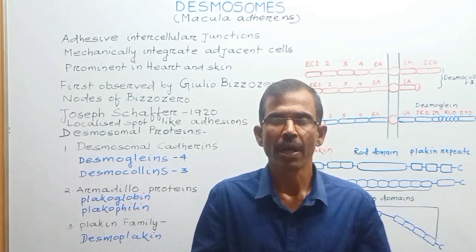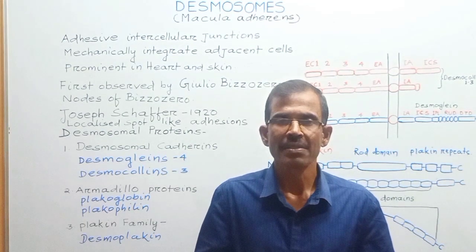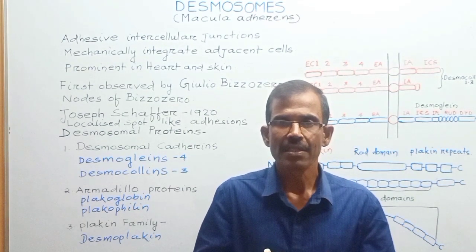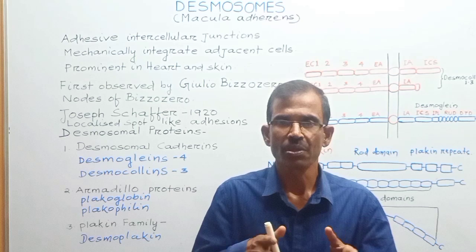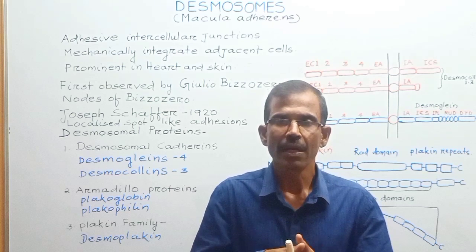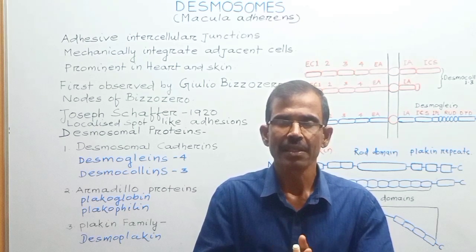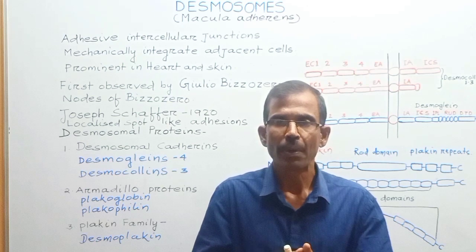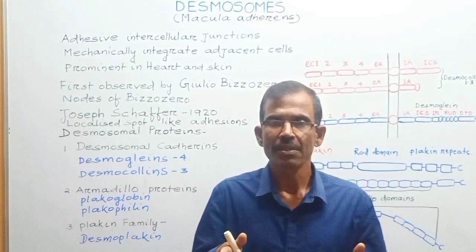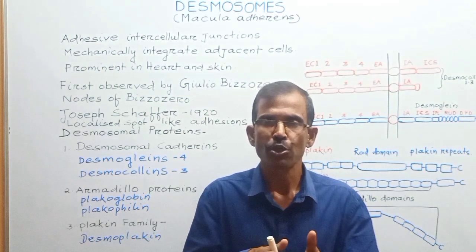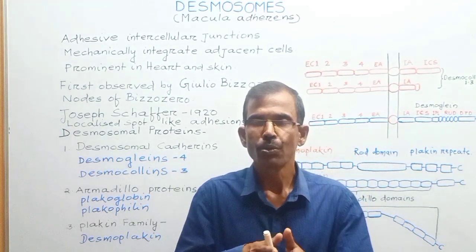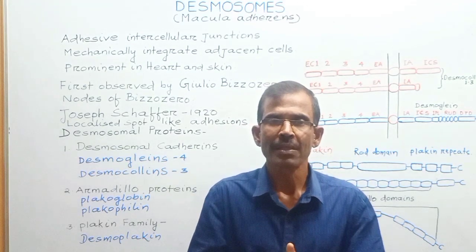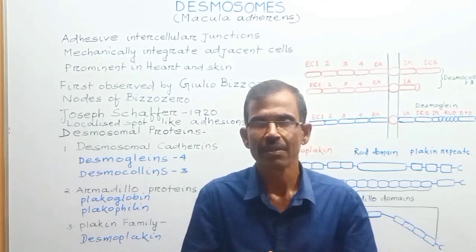Desmosomes, also known as macula adherens, are adhesive intercellular junctions that mechanically integrate adjacent cells by coupling the adhesive interactions mediated by desmosomal cadherins to the intermediate filament cytoskeletal network.